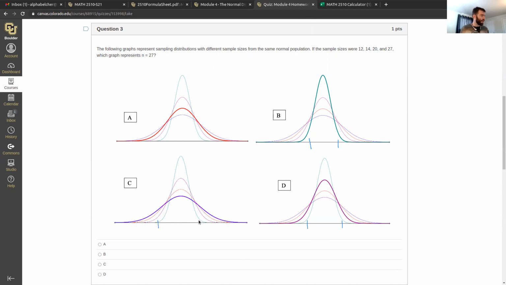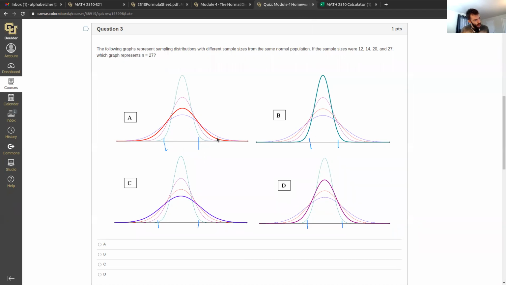And it'd be best if we could line all of these up over top of each other, or vertically. You can kind of see that within a fixed interval, of course, the one with the most area is going to be here, whereas the one with the least amount of area is going to be here.